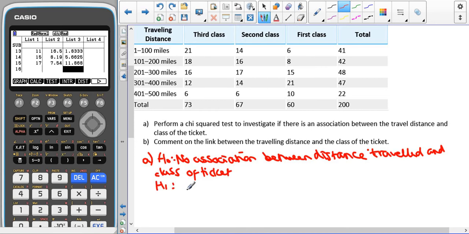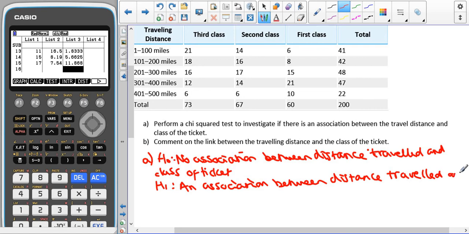H1 is going to be an association between distance travelled and class of ticket. Whenever you are doing a hypothesis test, your hypothesis should be the first thing that you write down. Make sure that you're getting them in there.